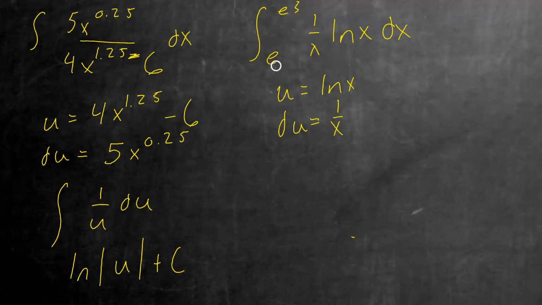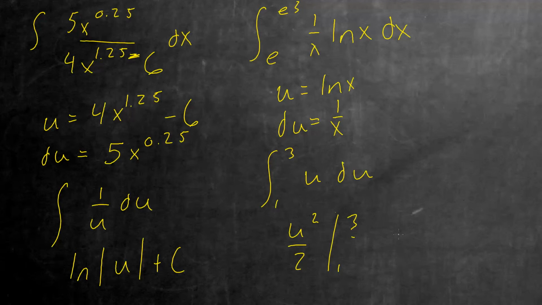Let's go ahead and put these guys in. The natural log of e is 1. The natural log of e cubed is 3. So then we've just got u du, u squared over 2. So let's go ahead from 1 to 3. So we've got 9 halves minus 1 half. Our answer should actually be 4.